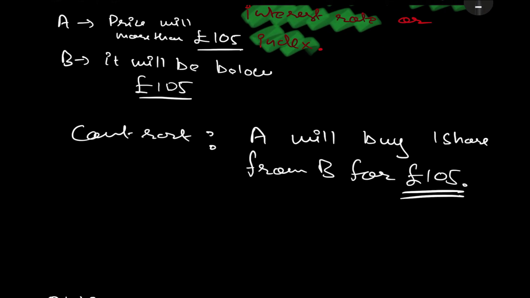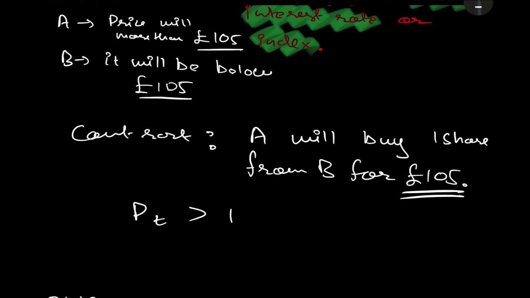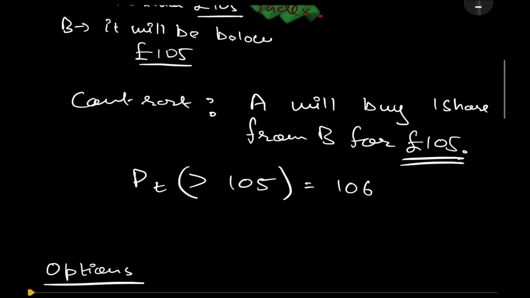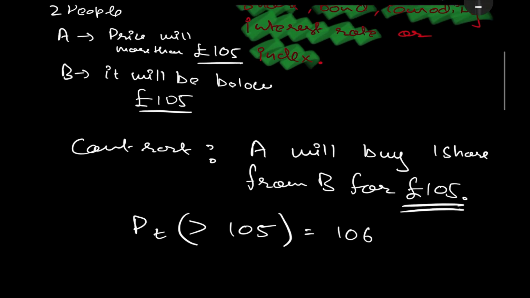So if the price at time t is greater than 105, let's say it's equal to 106, then what will happen? They have already decided that A will buy the share from B, and now he will have to buy it. He will buy it for 105, because that's already contracted, this is fixed.